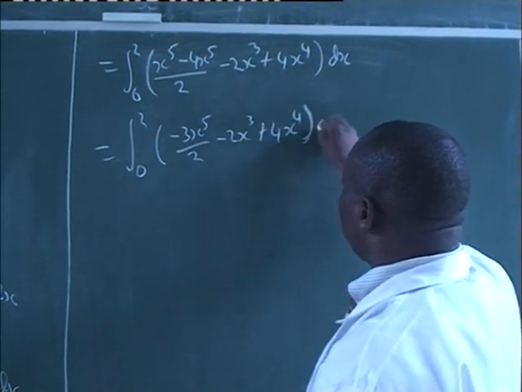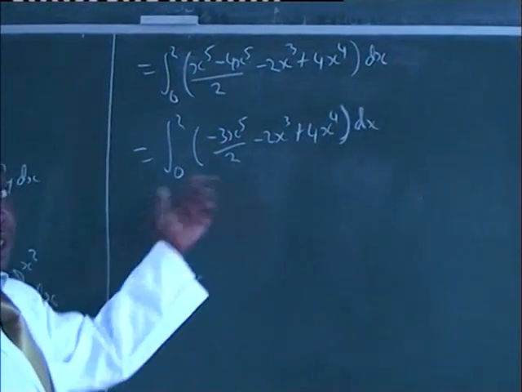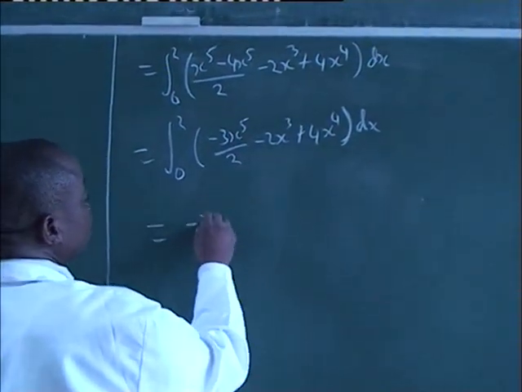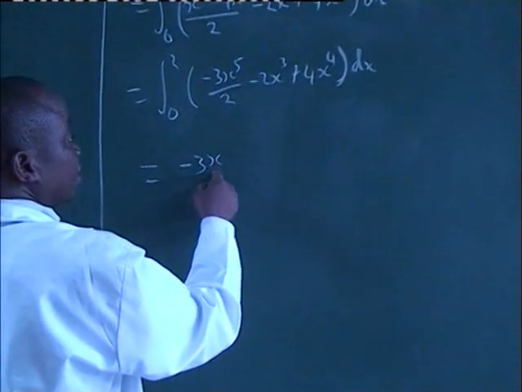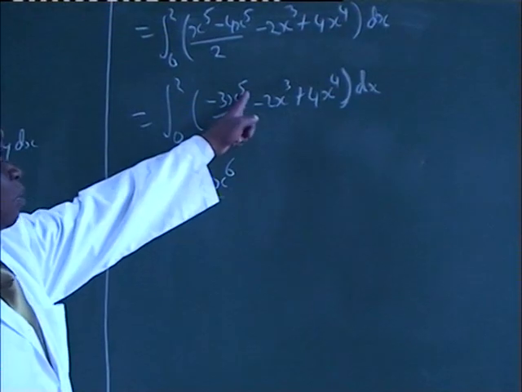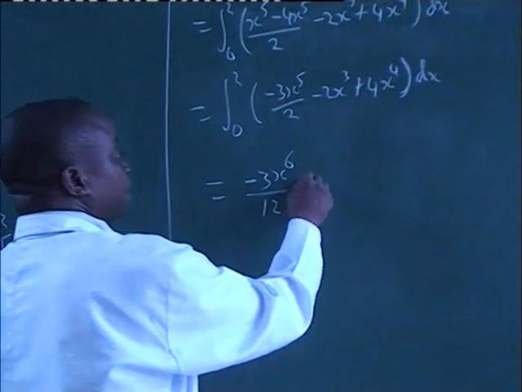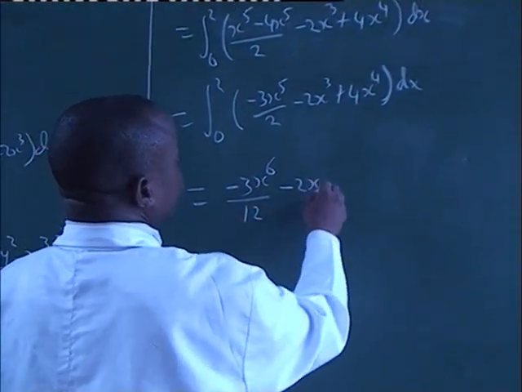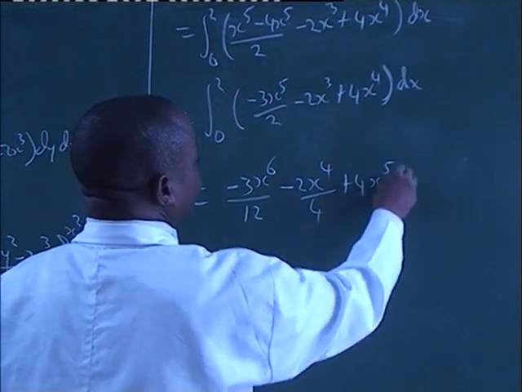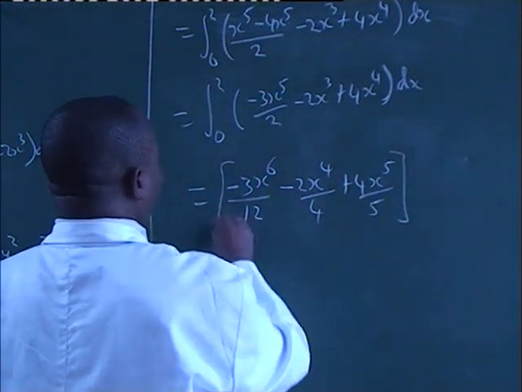Okay, so I can now integrate with respect to x, and that will give minus 3x raised to the power 6 over 12 minus 2x raised to the power 4 over 4 plus 4x raised to the power 5 over 5. Now we'll not forget to put the limit.